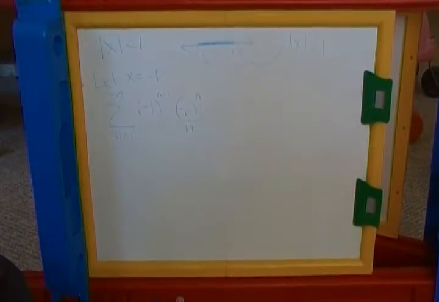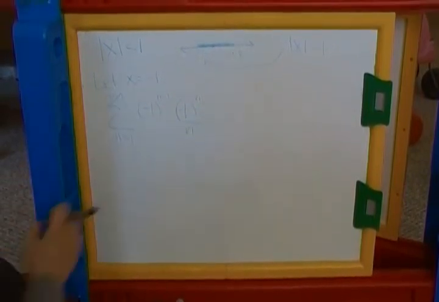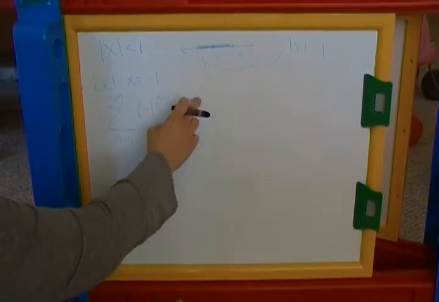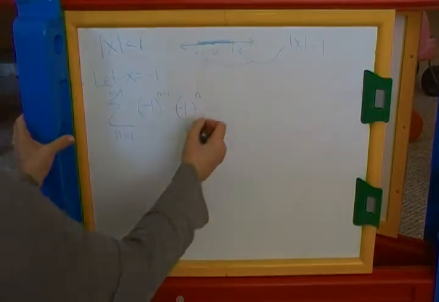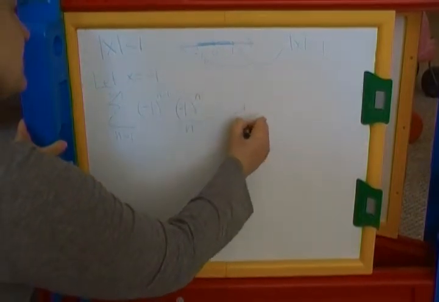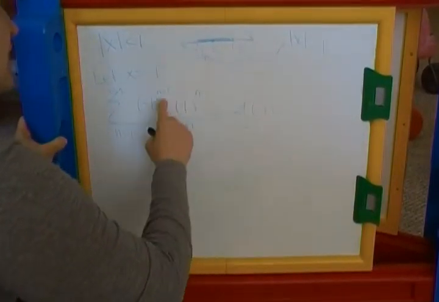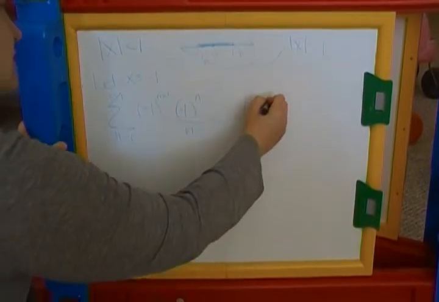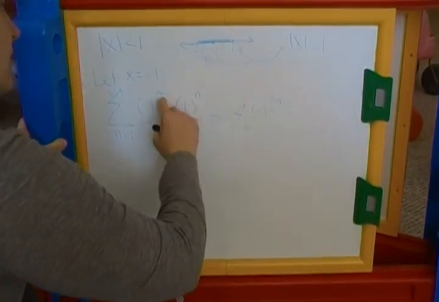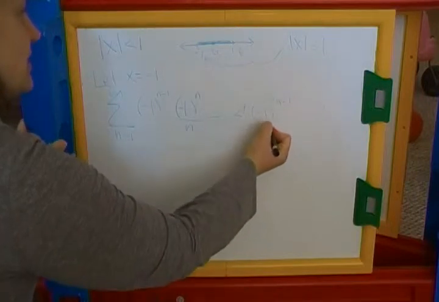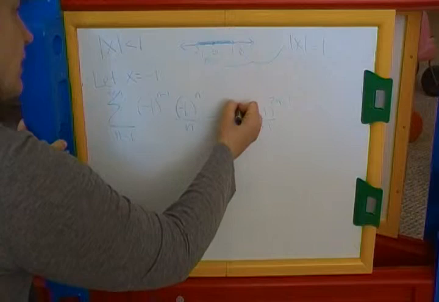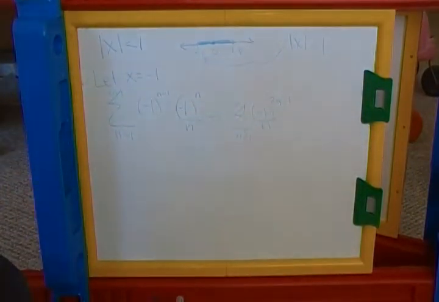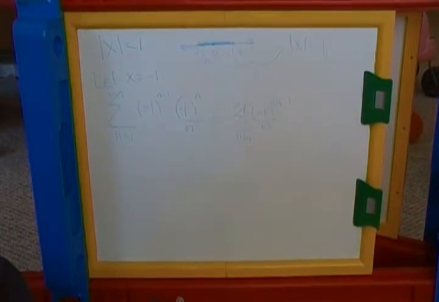Before you actually do that, you're probably going to want to simplify this a little bit. I've got -1 to a power, -1 to a power. So I want to multiply them, and I'll add the exponents. This is negative 1 to the n plus n, so when I add the exponents, I get 2n minus 1. Well, negative 1 to the 2n minus 1, what's that going to be?